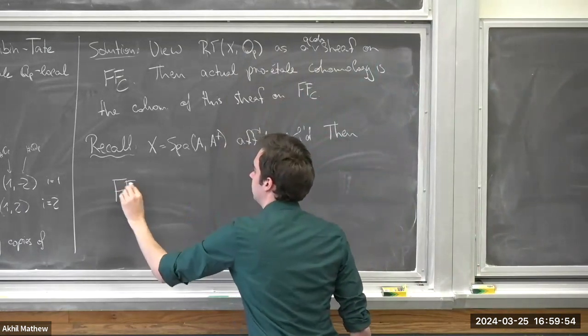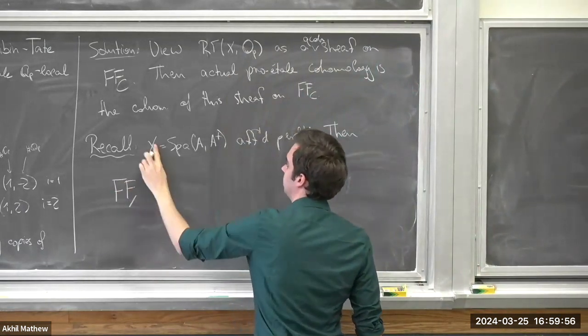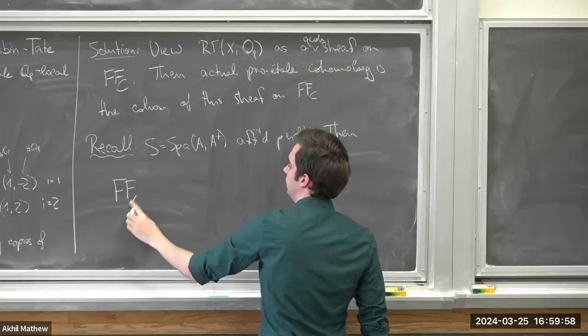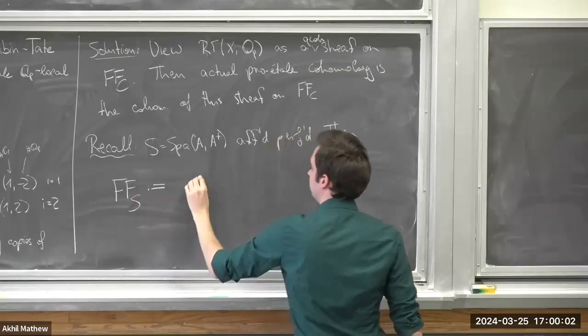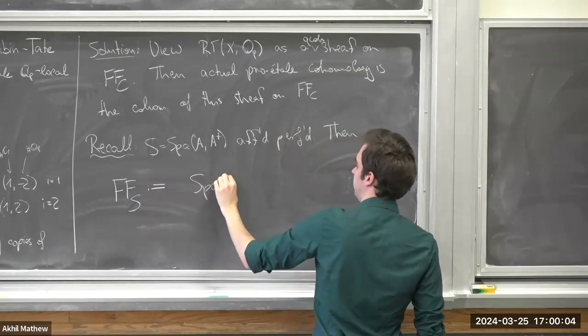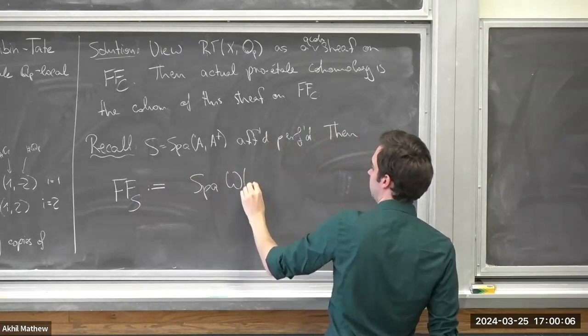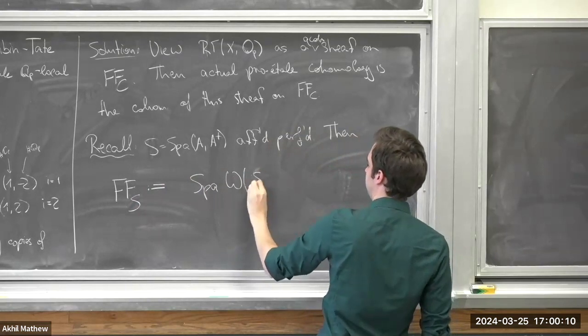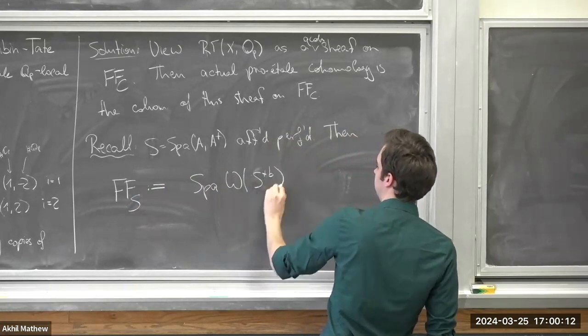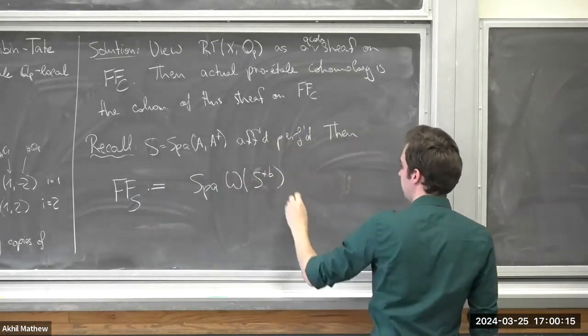The Clausen-Scholze curve over S, I define as follows: I take the p-adic space associated to the ring of Witt vectors over the tilt, A^+.